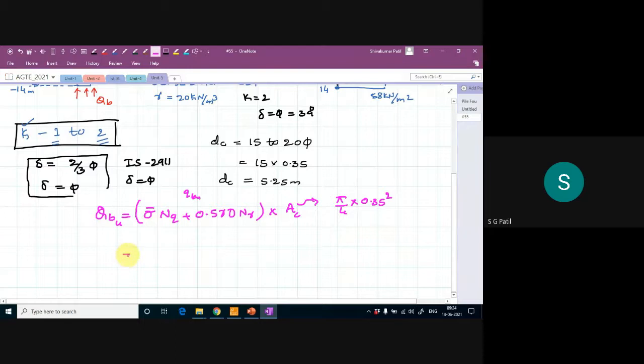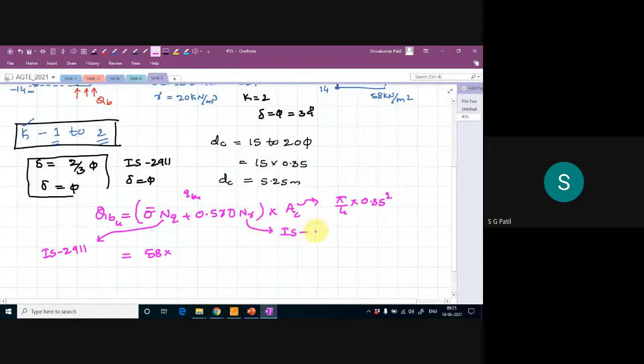So what is the sigma bar at the tip of the pile? Tip of the pile is around 58, right? So 58 into NQ. For the NQ, I have to refer to IS 2911. For N gamma, what do I have to refer?